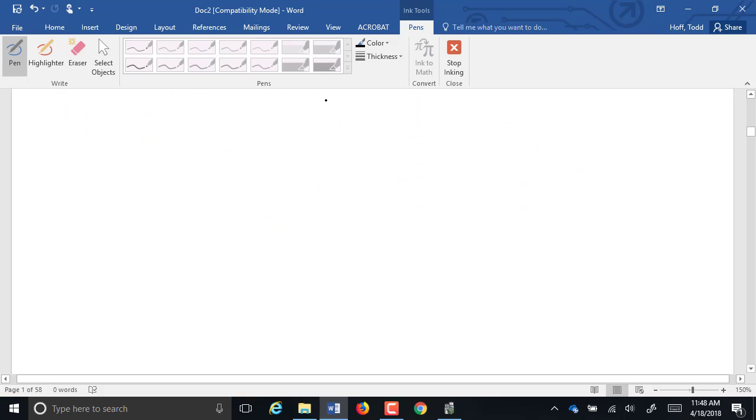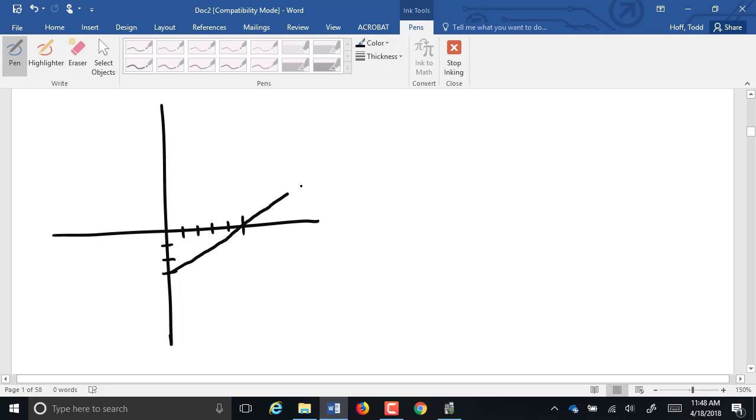So then with that information, we can look at a graph and write its equation. So I have this line on my graph.